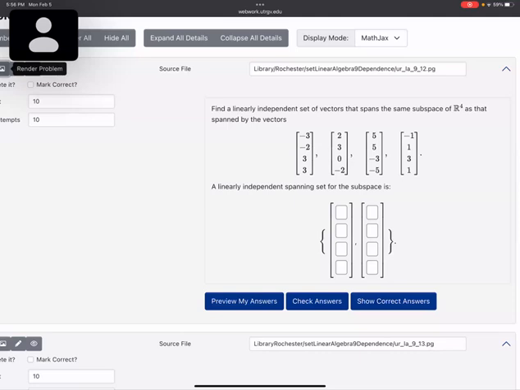So they're basically telling you that you just need 2 vectors. You need to choose out of those 4, 2 vectors that are linearly independent. So that's what they are asking, okay?